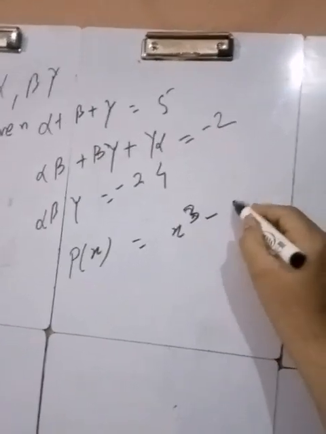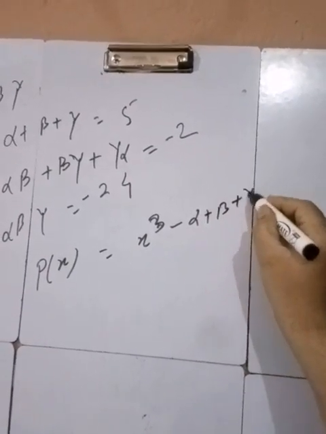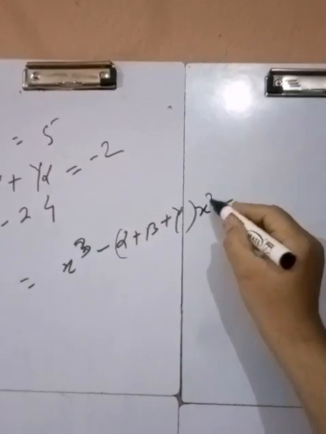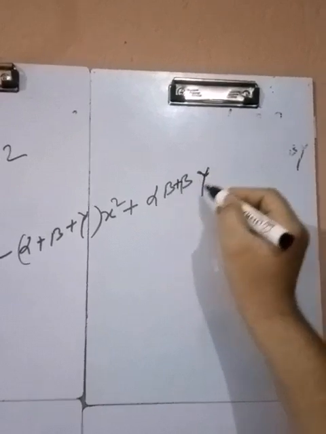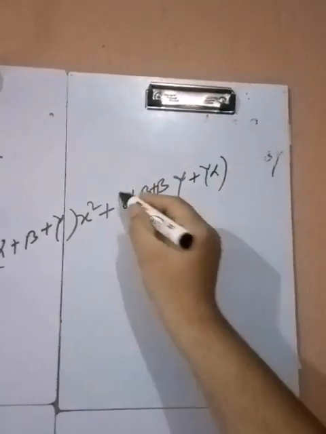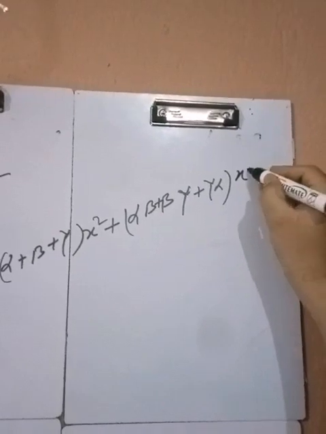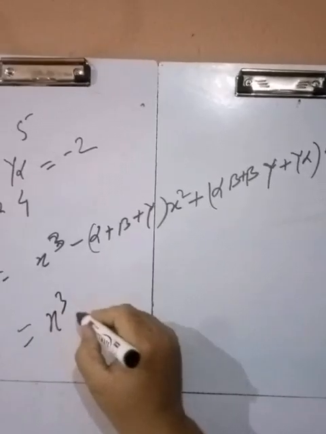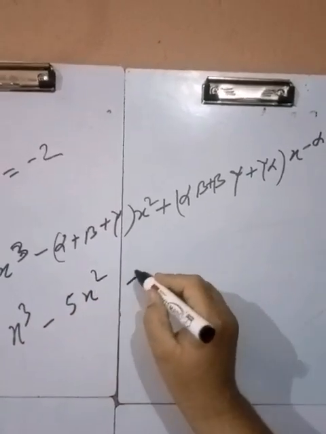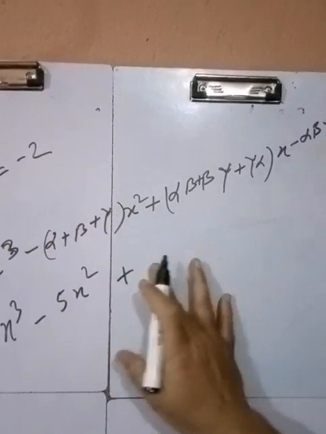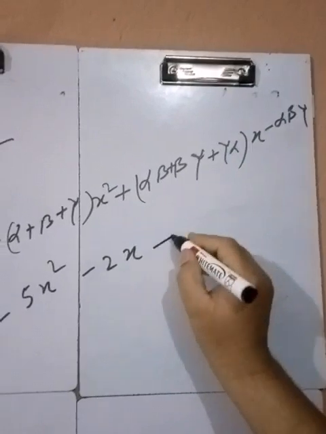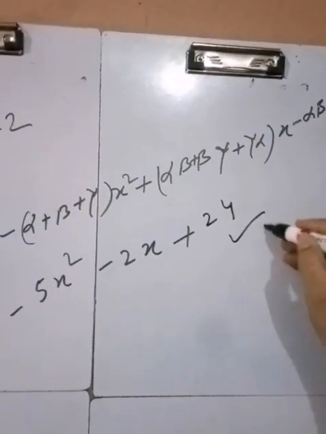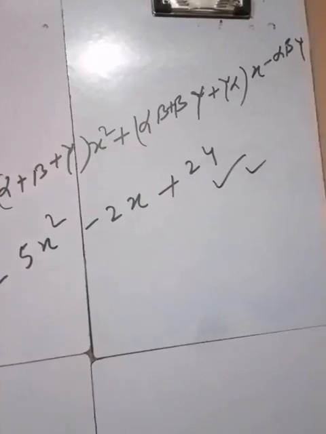X cube minus alpha plus beta plus gamma x square plus alpha beta plus beta gamma plus gamma alpha into x minus alpha beta gamma. So my answer will be direct. X cube minus 5x square, plus into minus will be here, so it will be minus 2x. This is minus 24 into minus, so this will be plus 24. So this will be my answer for this question.